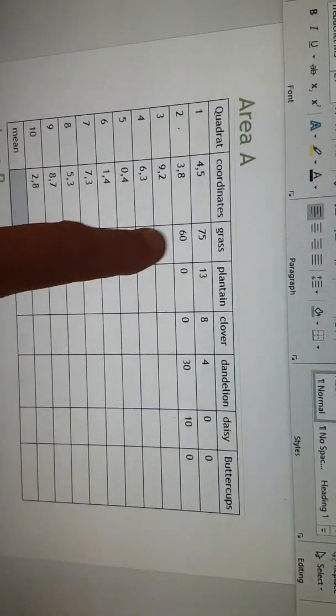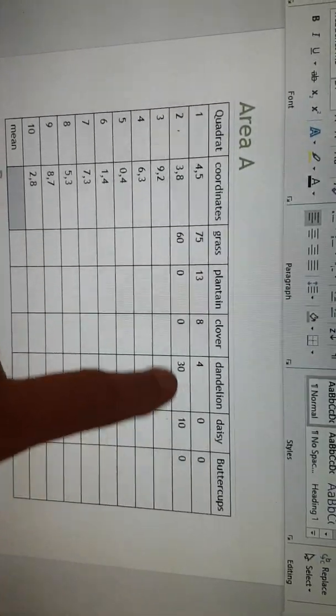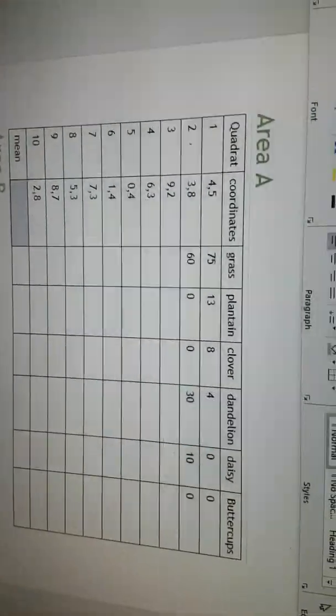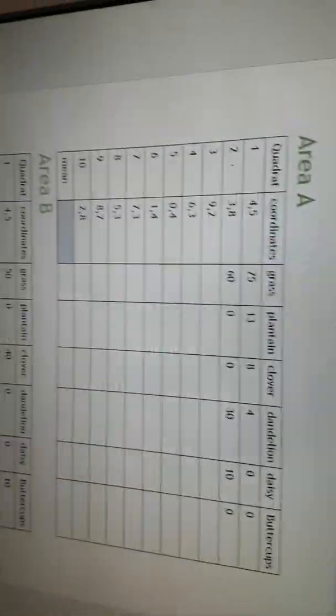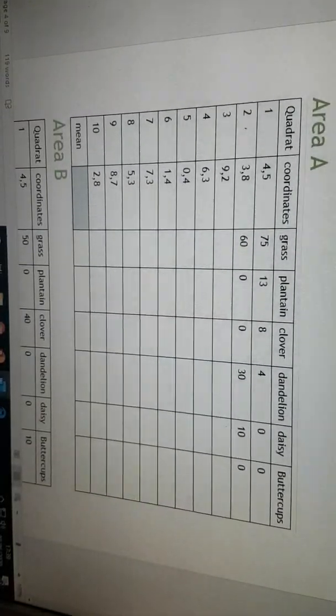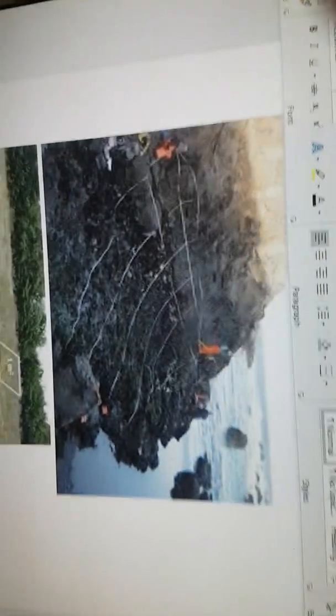You've got to place 10 quadrats, you work out the coordinates beforehand, record the percentage cover for each, you do it in each of the 10 quadrats, work out a mean, and you compare that with area B. It's often what we use random quadrats for, either to simply sample a single area or to compare one area with another. And that is, let me emphasise, random sampling.